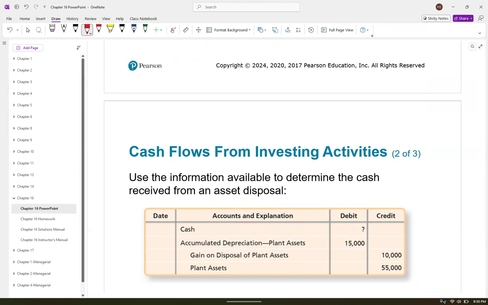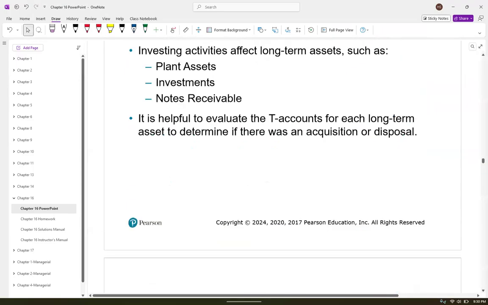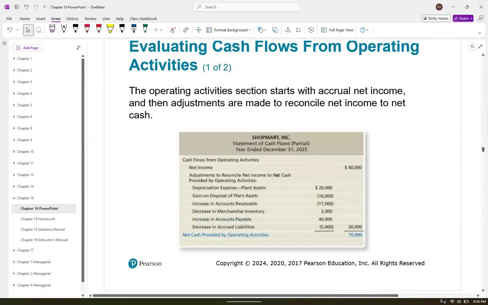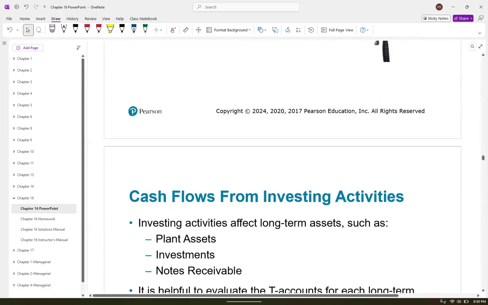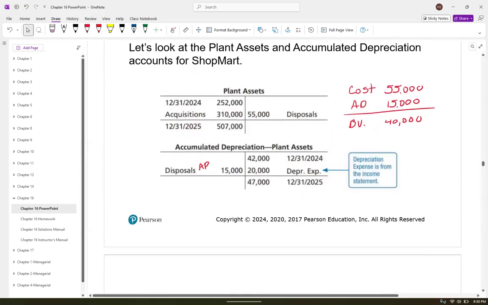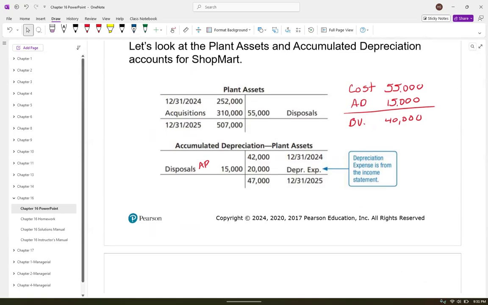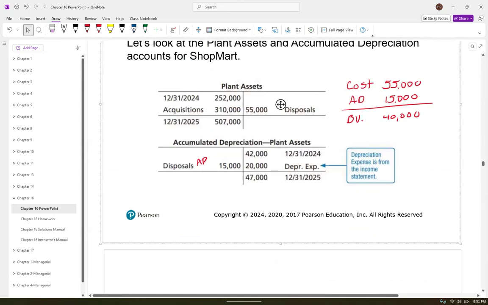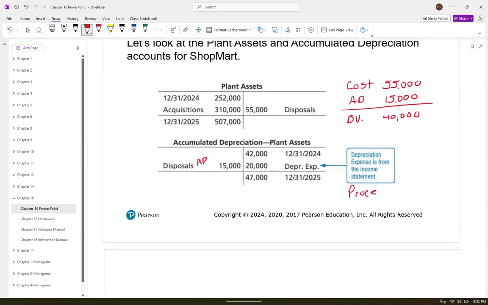They're trying to see how much cash we got for that. But I feel like the gain up there said 20,000. No, it was 10,000. That was a depreciation expense. Okay, just making sure those fit together. They told us there was a gain of 10,000. The only way we'd have a gain of 10,000 is if our proceeds from this sale had to be 50,000.